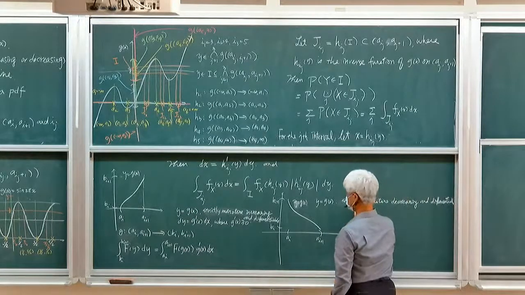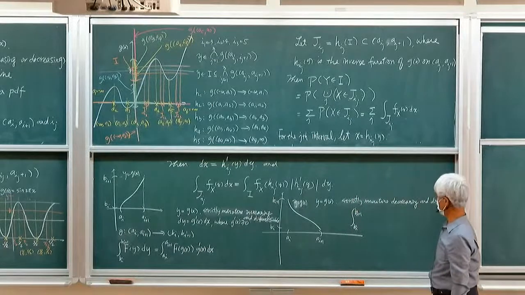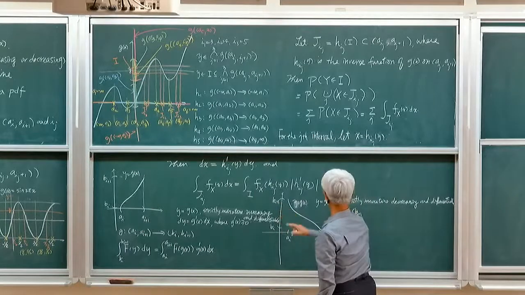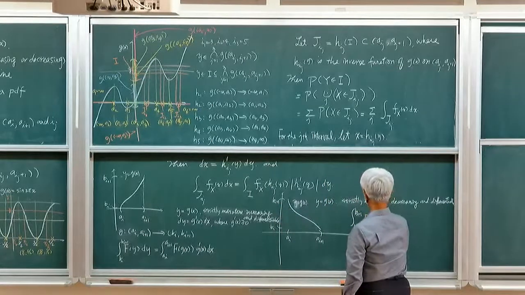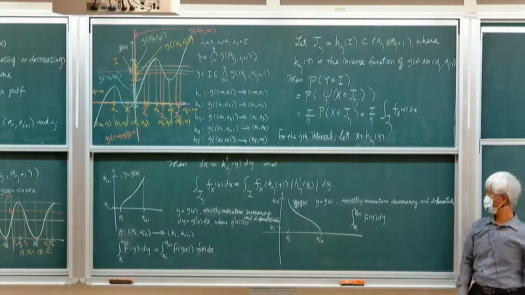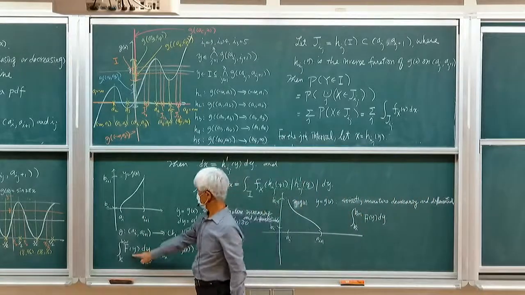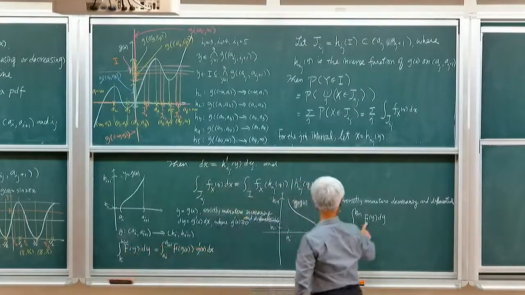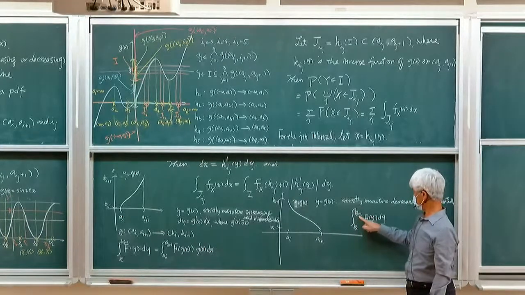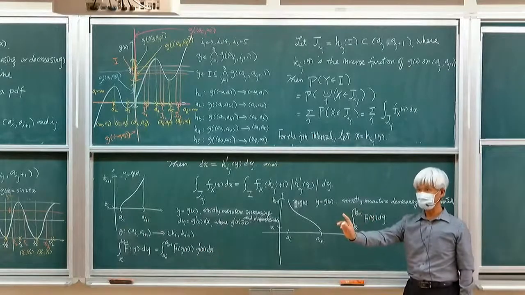All right, in general, we will have b_i, because the range is from b_i to b_{i+1}, and f of y dy. Okay? So we have the same integral here, right? Because when we describe the definite integral, the endpoint would be from the smaller one to the bigger one. This is the convention.